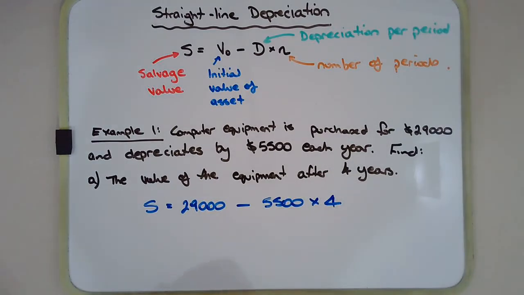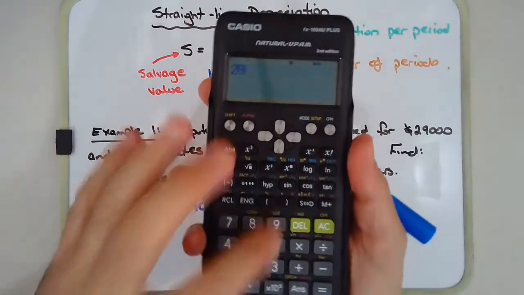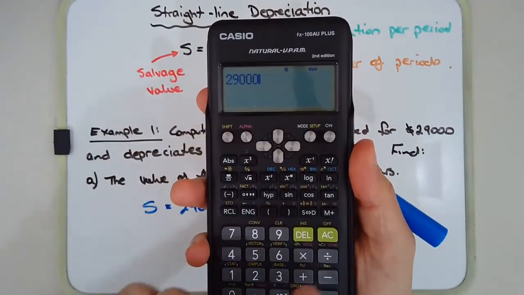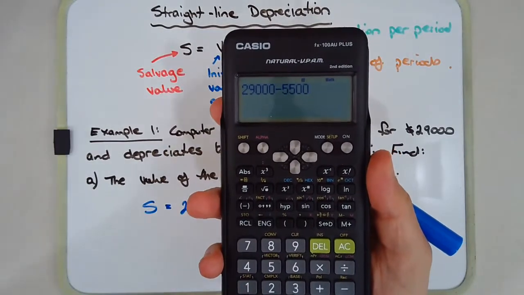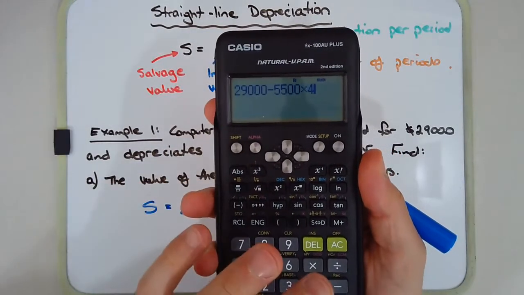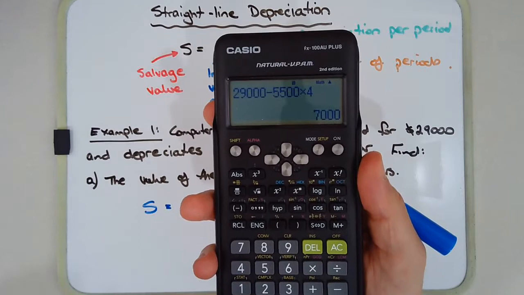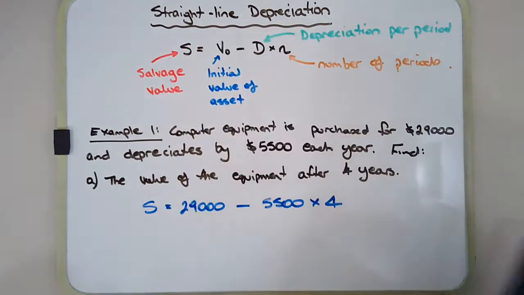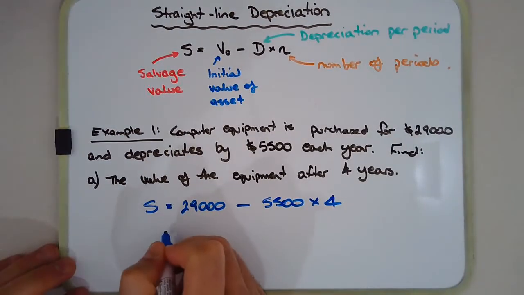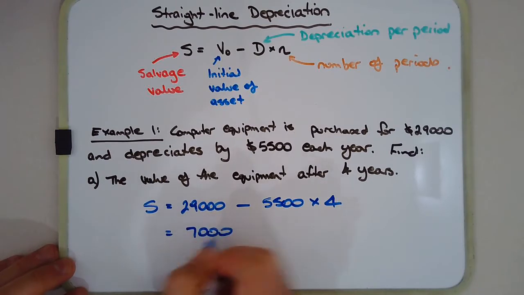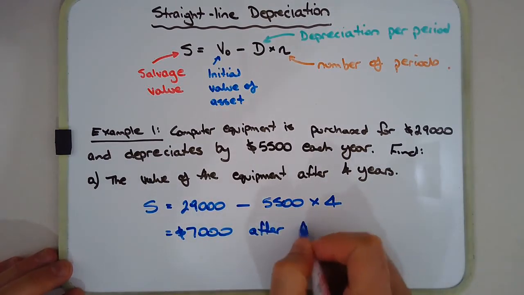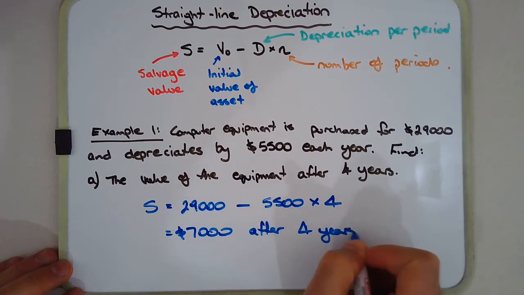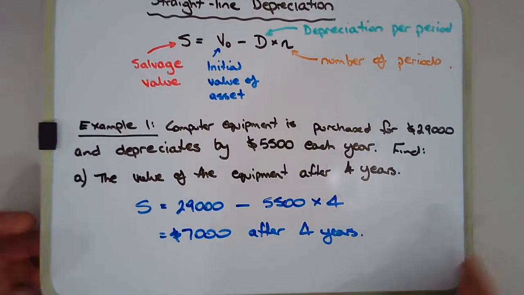So 29,000 minus $5,500 per year times 4 years. So it's going to be worth $7,000 after 4 years.